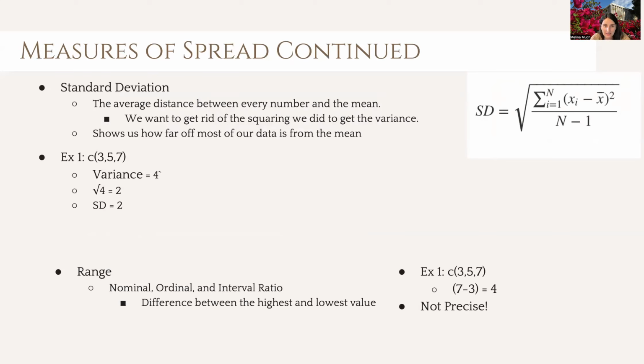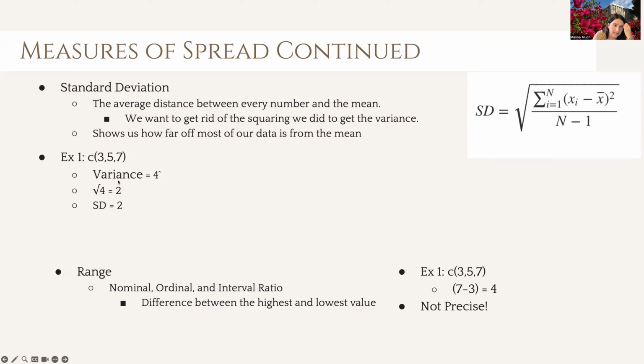We still get the variance, but then we just square root the variance formula to get the standard deviation. So the standard deviation is just the square root of our variance. It's going to show us how far off most of our data is from the mean, but in a way that's much more intuitive logically.